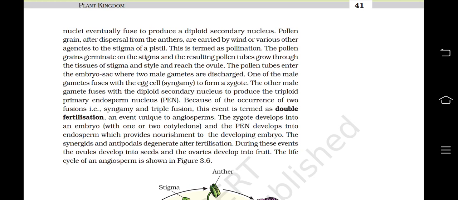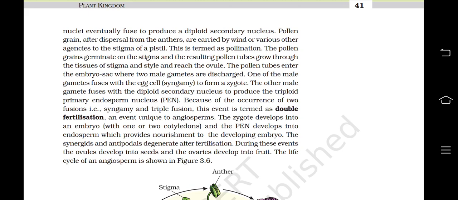The pollen tubes enter the embryo sac, where 2 male gametes are discharged. One of the male gametes fuses with the egg cell, or syngamy, to form a zygote. The other male gamete fuses with the diploid secondary nucleus to produce the triploid primary endosperm nucleus, or PEN.